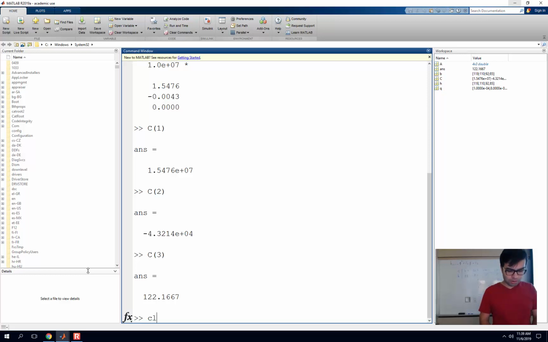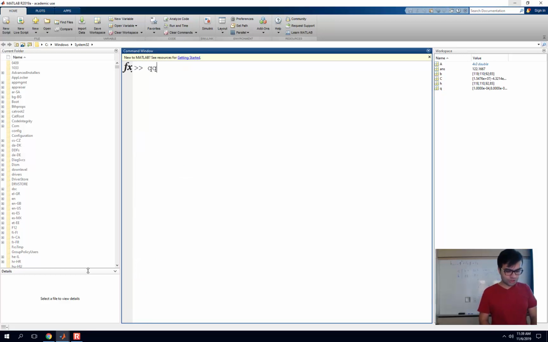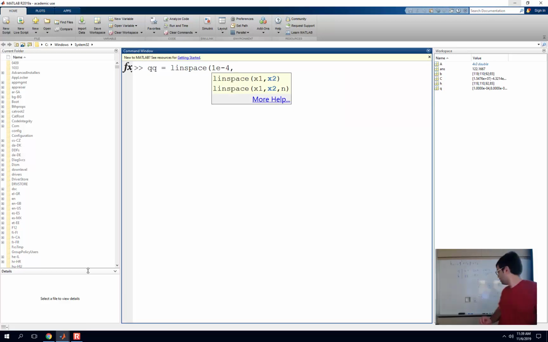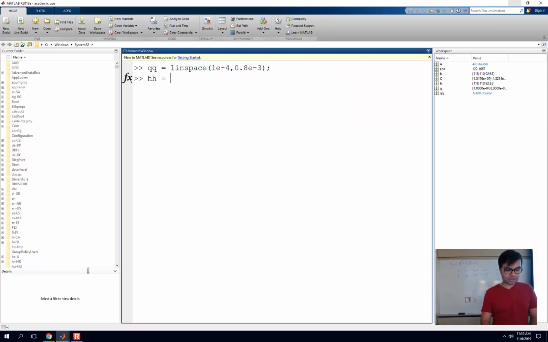Now, if I want to plot this, I would do QQ equal to linspace 1e negative 4, comma, 0.8e negative 3. And then HH is C of 1 times QQ dot squared, plus C of 2 times QQ plus C of 3.